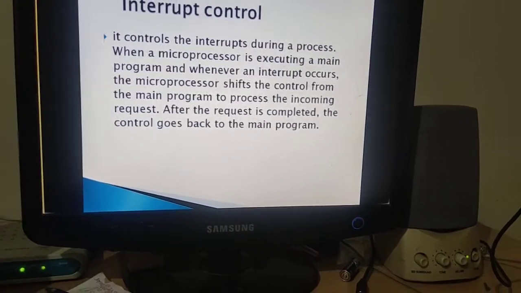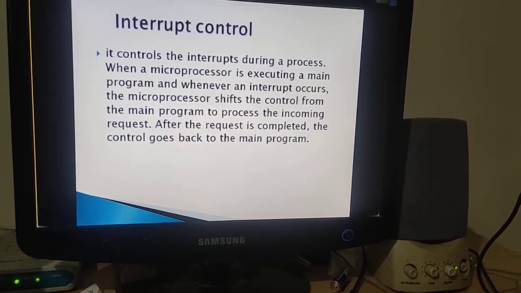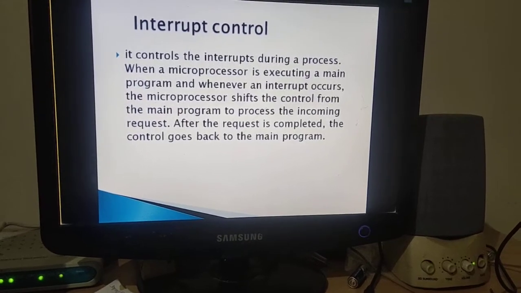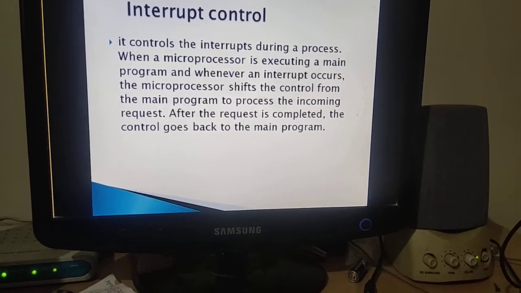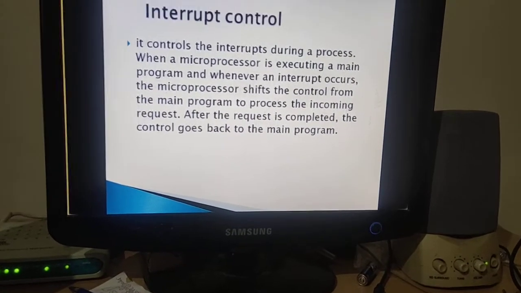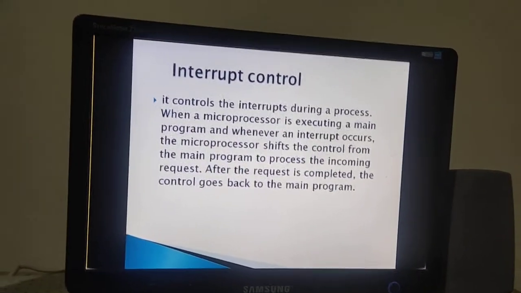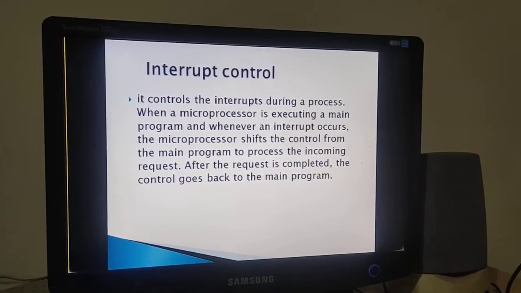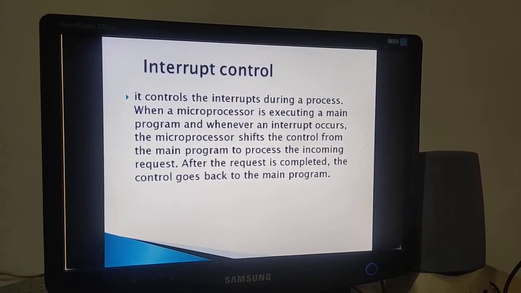The CPU in turn gives its answer, like you can take the job and perform it, and the printer prints. This is a kind of interrupt. And once the job is over, the microprocessor will resume its old task.